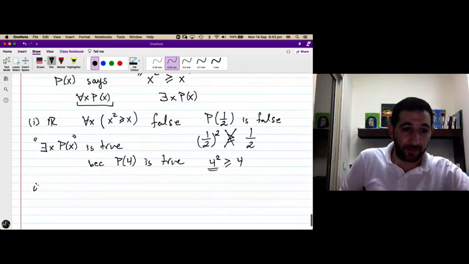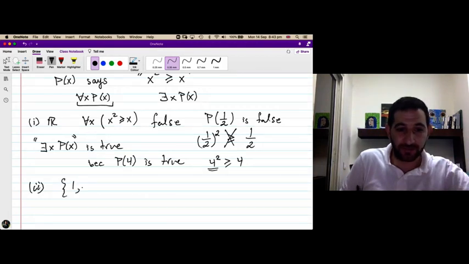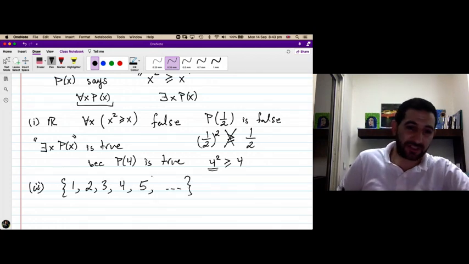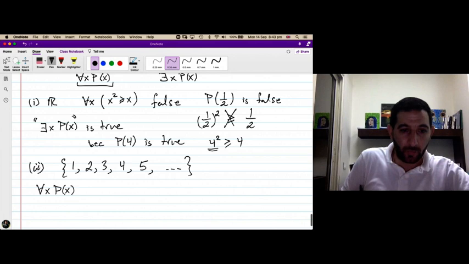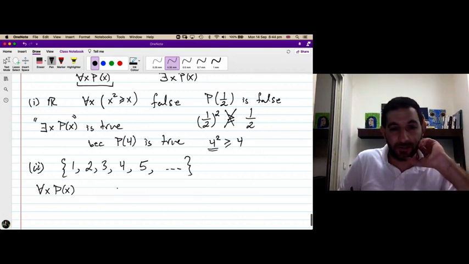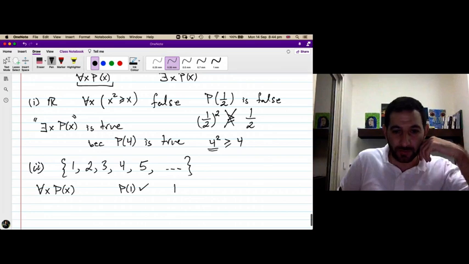Now let's check it in the domain of the set of positive integers: 1, 2, 3, 4, 5, and so on. Is this statement true or false in this domain? Well, this is true if every element has this property. Let's check. Does 1 have property P? P of 1 is true because 1 squared is bigger than or equal to 1.